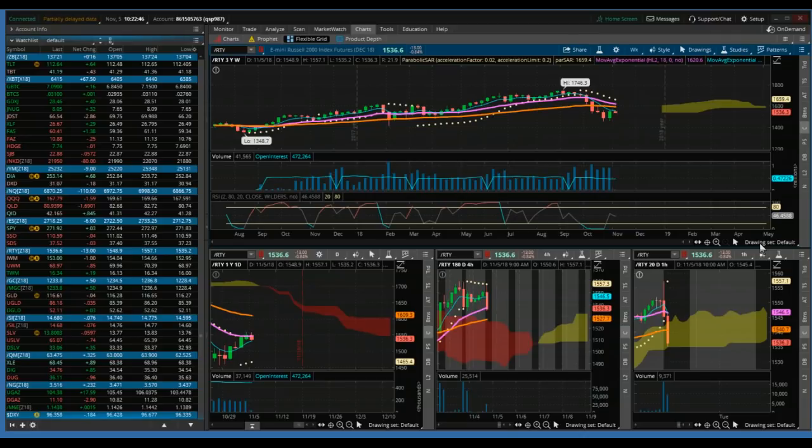So case in point, if I sold a put on GM right now, it's trading, as you can see, at $36.18. If I were to sell a put, let's say I wanted to sell a $36 put. That $36 put is considered out of the money because it is trading below where the market is.